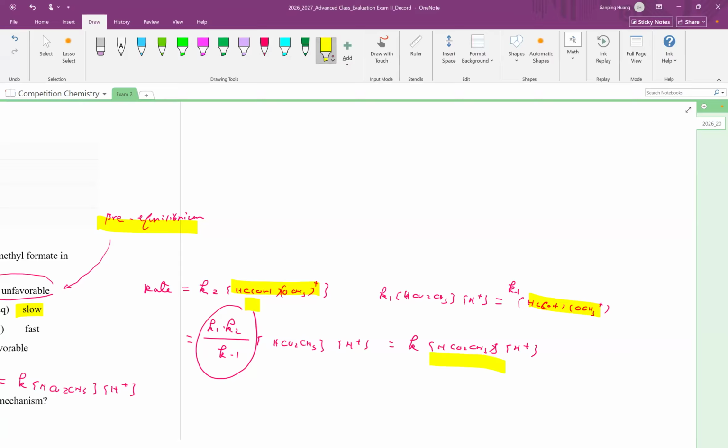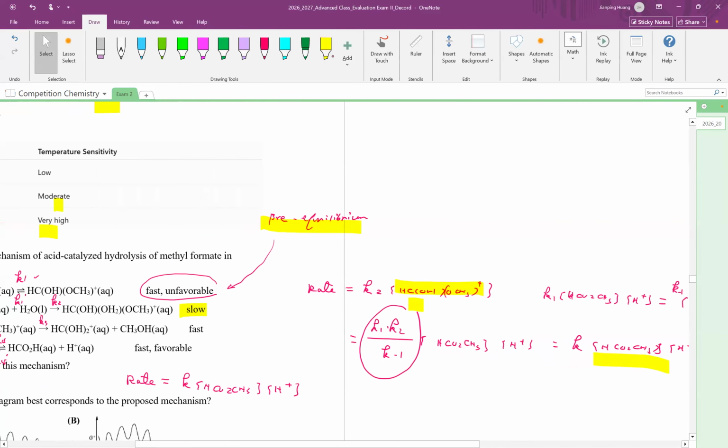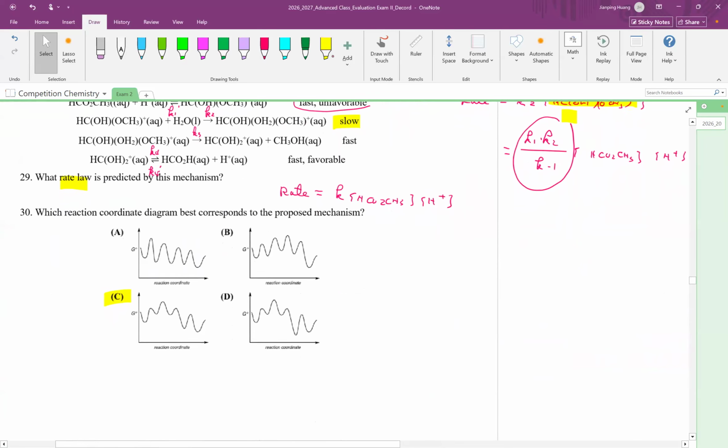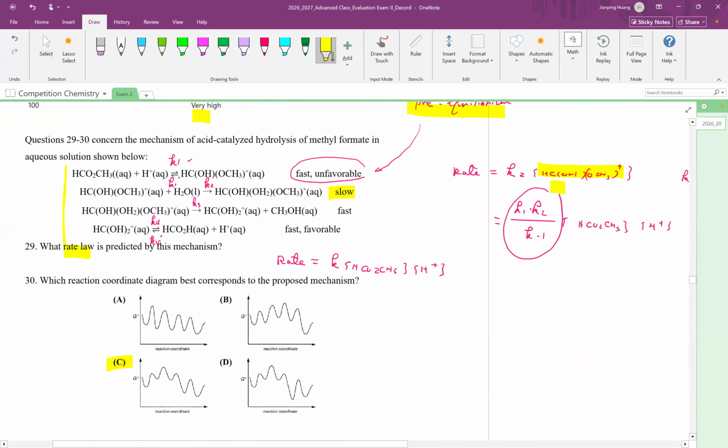Now, let's look at the next one. Which one? Here is a reaction mechanism. Here is a coordination diagram. From here, step 1 is fast.